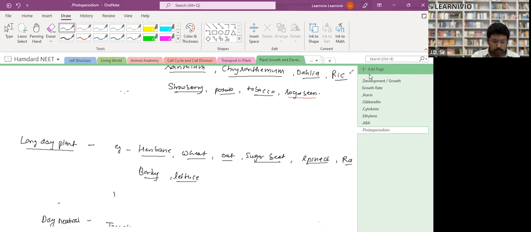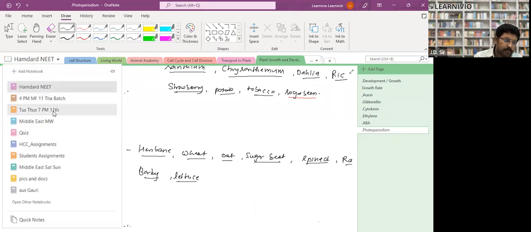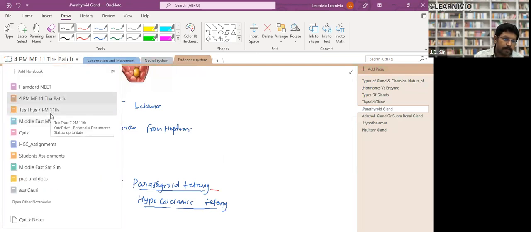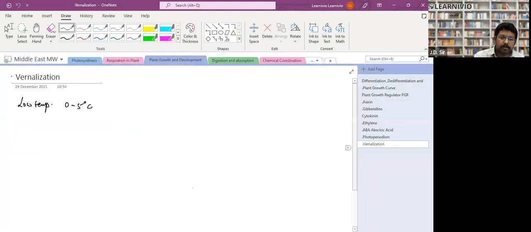There is one more thing, vernalization. Put a heading, vernalization. Suppose that a plant flowers in 5 months.